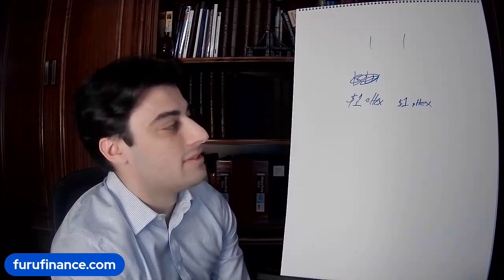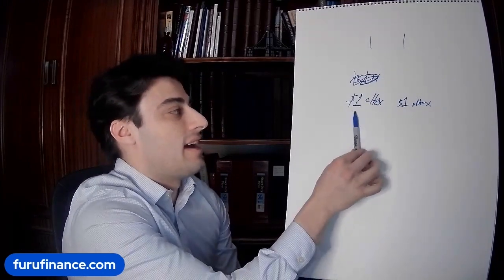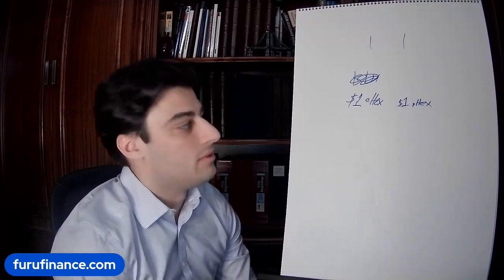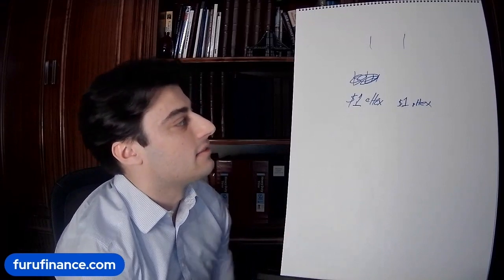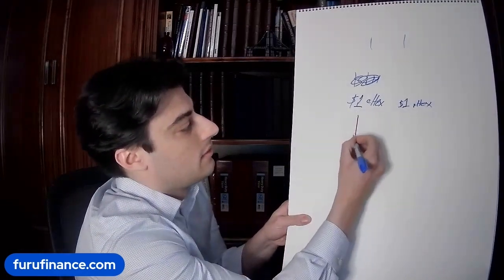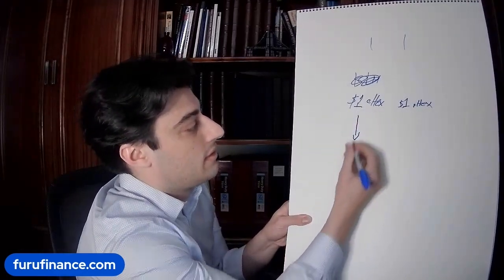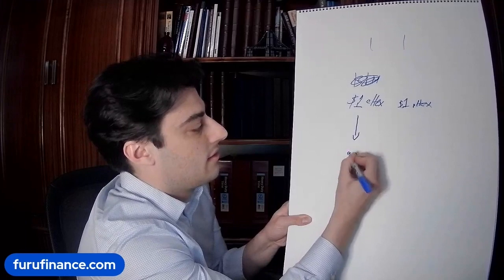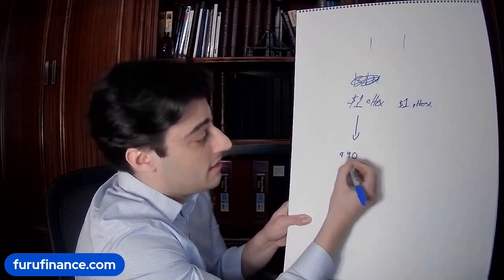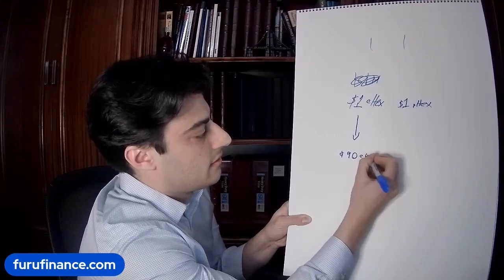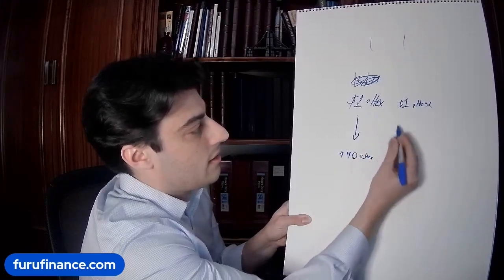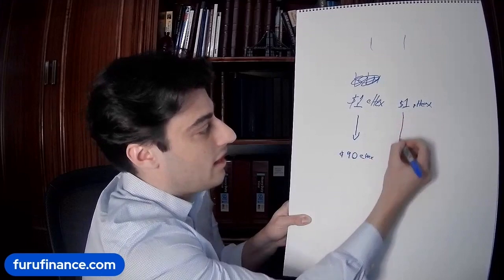So what happens when the price of EHEX in the liquidity pools changes? People sell EHEX for US dollars, and the price of EHEX goes down. So EHEX is now going down to 90 cents. You have a 90 cent EHEX and you still have a $1 PHEX.